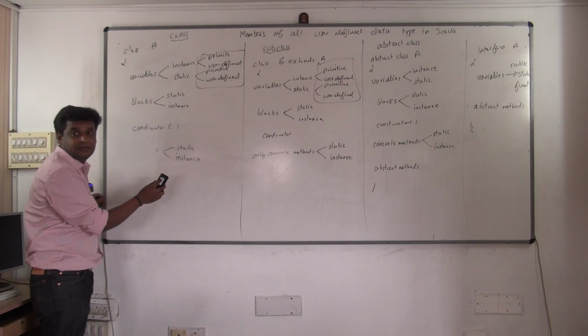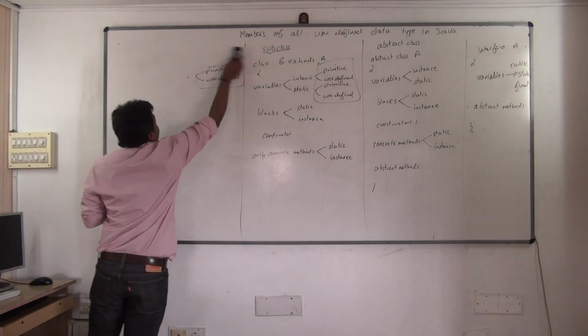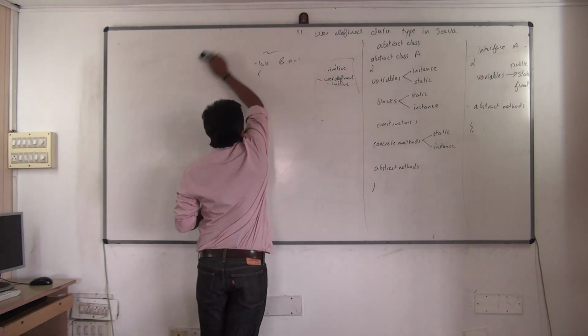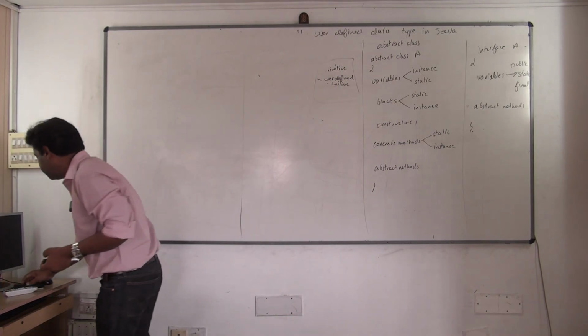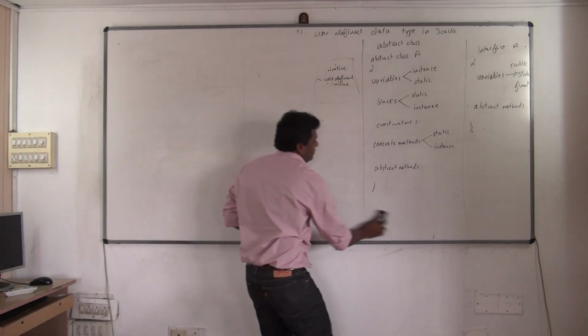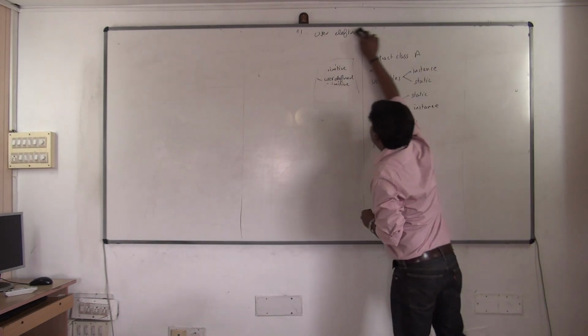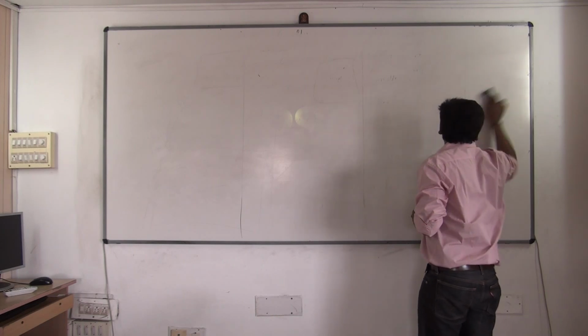Then next, some more very important, precious interview points I'll give you. Just learn them. They'll ask you in the interview, what is the difference between these data types? You know your answers, but do not answer them.